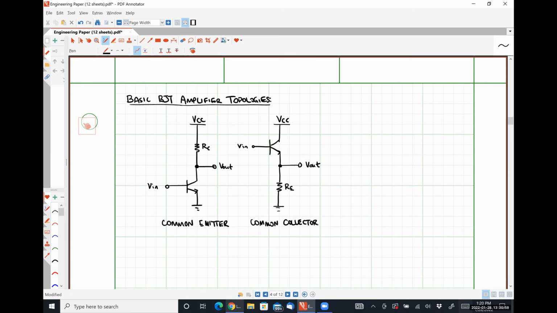It is sometimes also called an emitter follower amplifier.